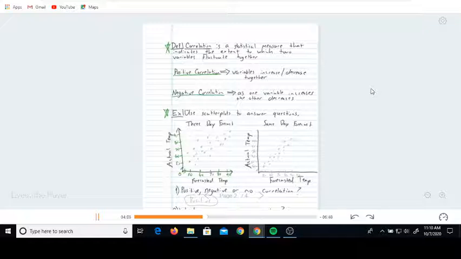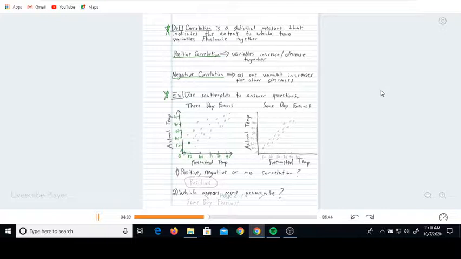So perhaps the forecasted temperature is 50 degrees and the actual temperature is slightly higher than that. And then on a different day, the forecasted temperature is 55, but it's actually 60, and so on. So if you were to graph these from a 3-day forecast, it might look something like this. Maybe one day they say the forecasted temperature is 90, but it's actually 80 degrees, so that dot would go there.